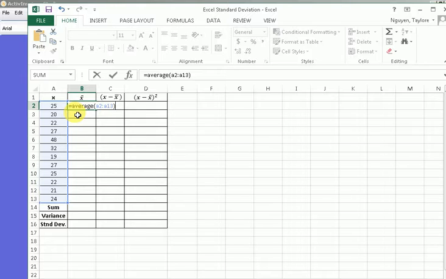Because my mean's not going to change. So in order to freeze that value, I'm going to put these little dollar signs here. Dollar sign, dollar sign, dollar sign, dollar sign. And that's what's finding the absolute mean. I press enter, and I have 26. It found my mean for me.